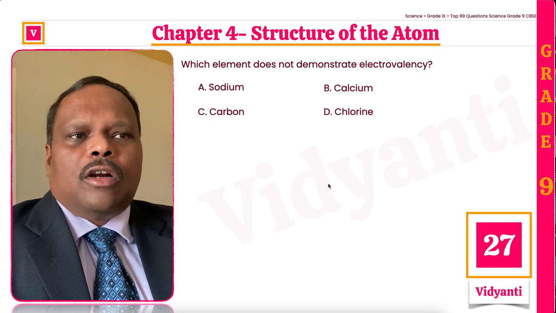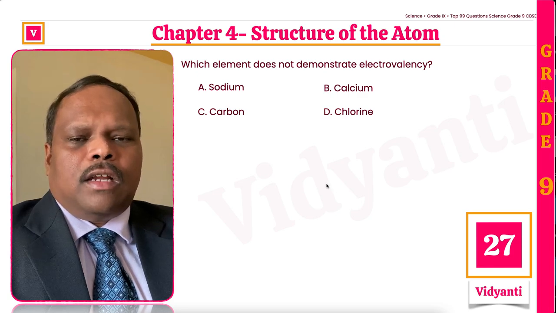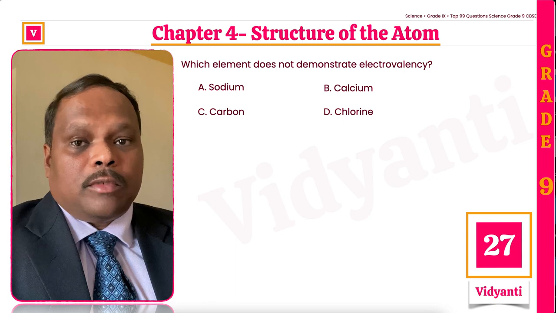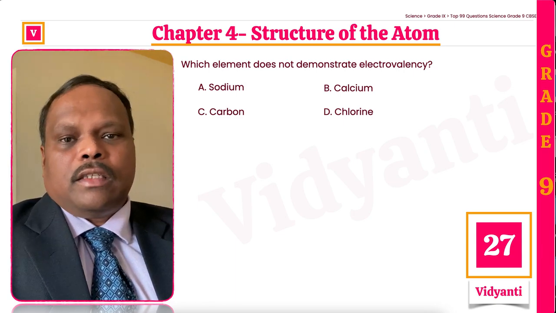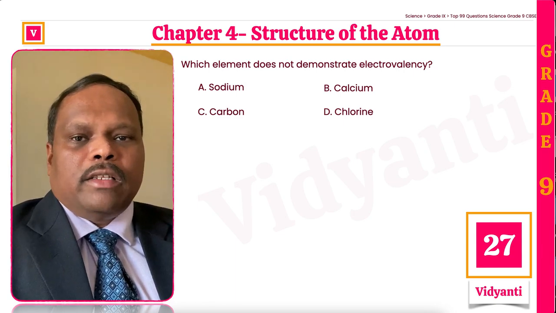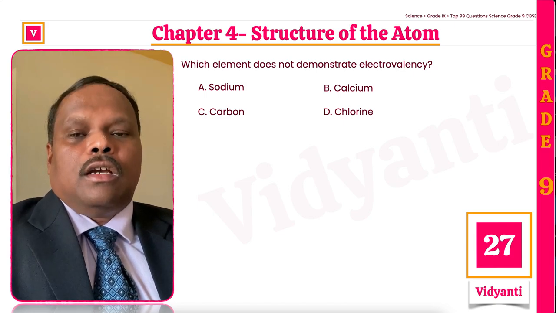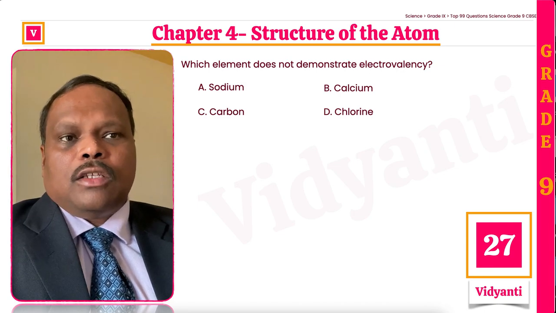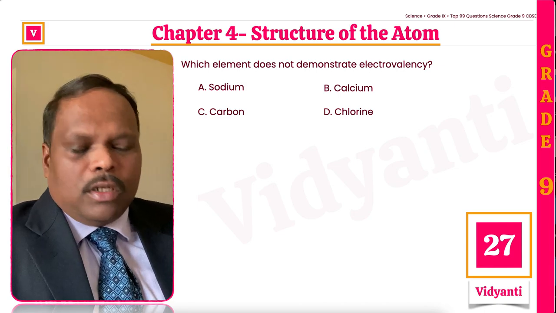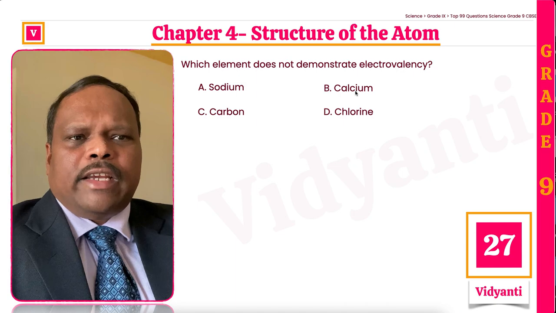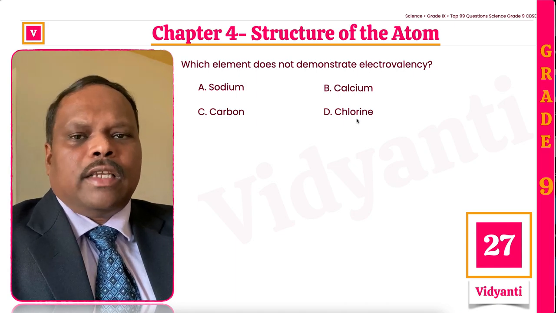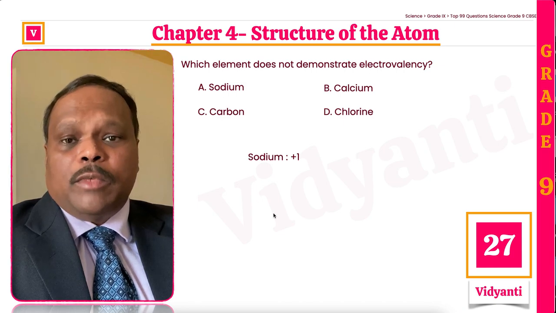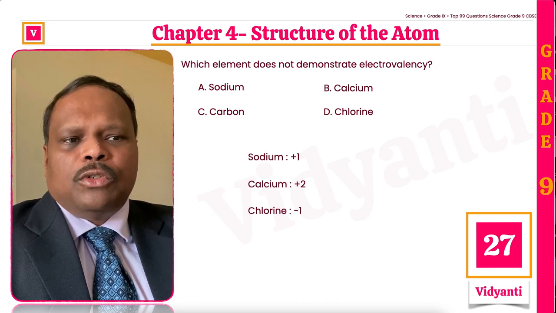Which element does not demonstrate electrovalency? Those towards the extreme ends of the periodic table column-wise, such as extreme metals and extreme non-metals, will show the highest possibility of electrovalency. Sodium is in the first group, calcium is in the second, and chlorine is in the second last, so -1. So sodium is +1, calcium is +2, chlorine is -1.